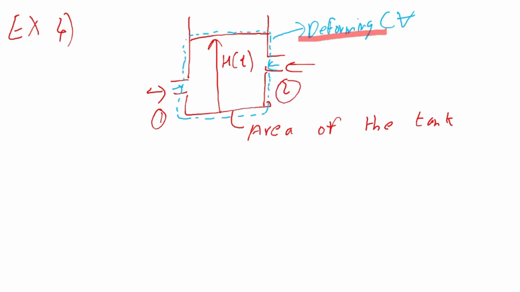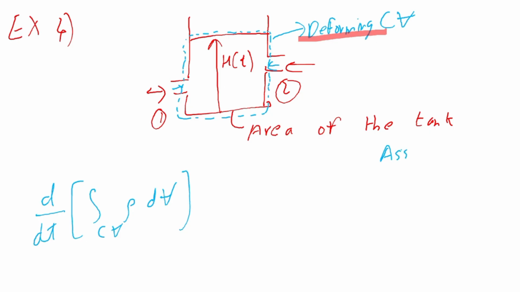Okay, so if it's deforming, we went through this in the previous problem, you have to make sure that when you're using the mass conservation law, the time derivative is outside the integral. For the first term, for the inlets and outlets, I should have written in the given, you can assume it to be 1D, right?